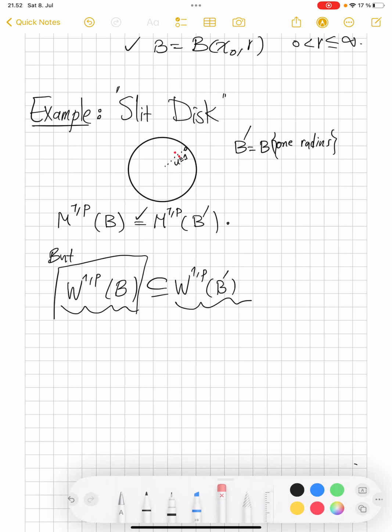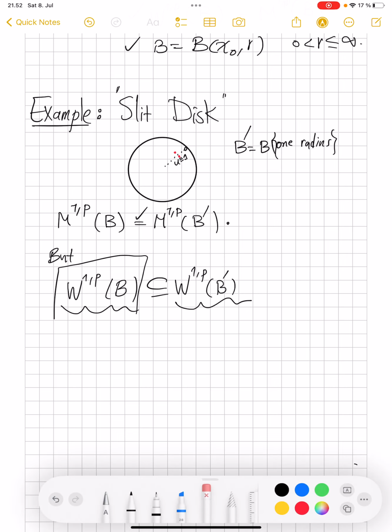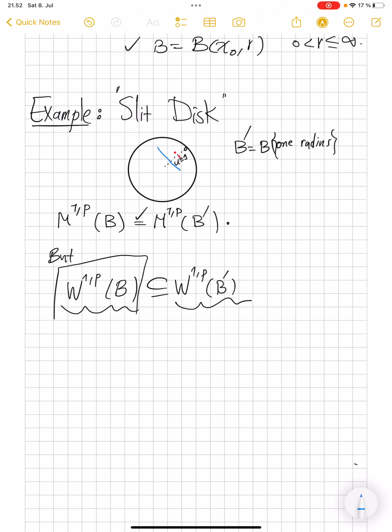If you drop parallel lines that go through this, then this function that I described with value being 0 here and 1 on this side will not be absolutely continuous on either of them. And that's a large class of lines to fail absolute continuity on.